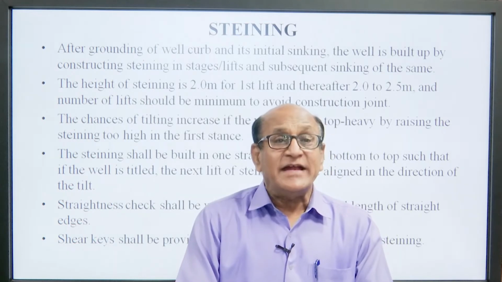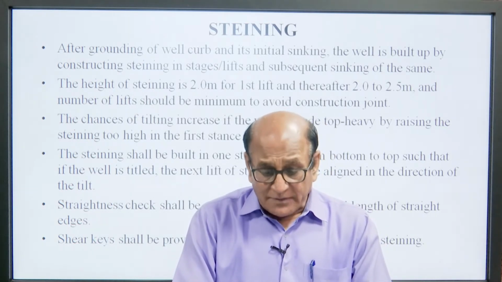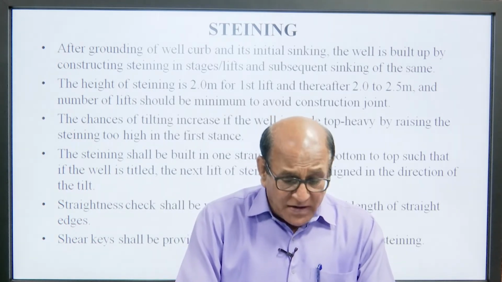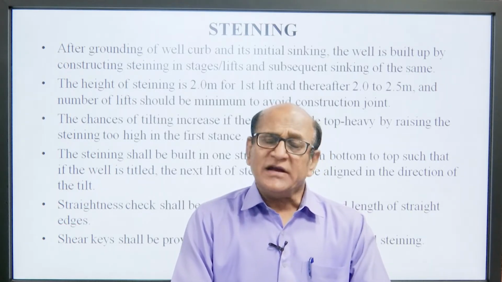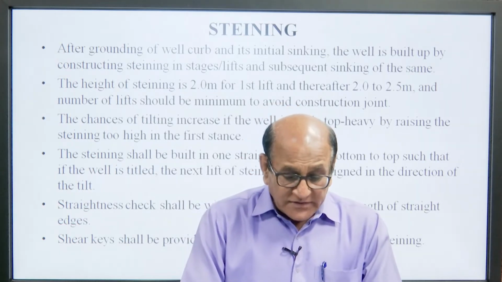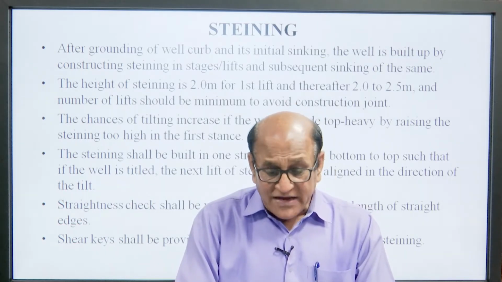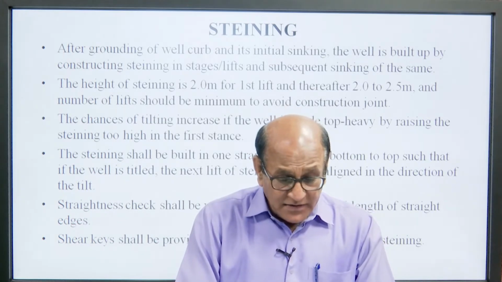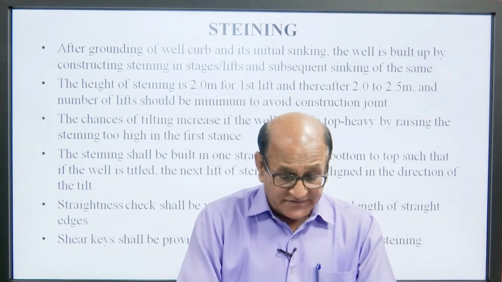The height of steining is 2 meter for the first lift and thereafter 2 to 2.5 meter, and the number of lifts should be minimum to avoid construction joints. It is very important. The chance of tilting increases if the well is made top heavy by raising the steining too high in the first instance.